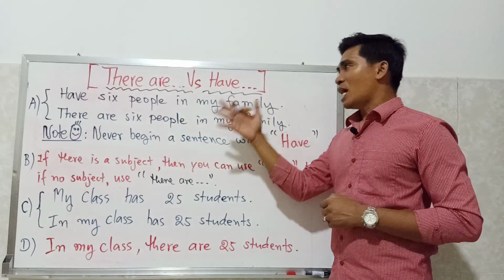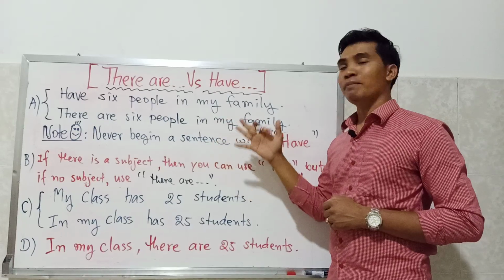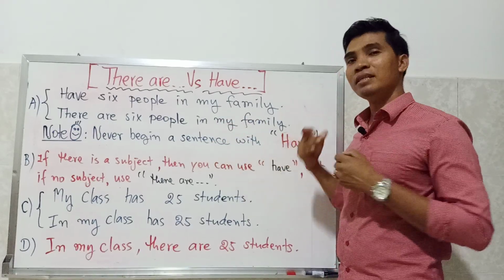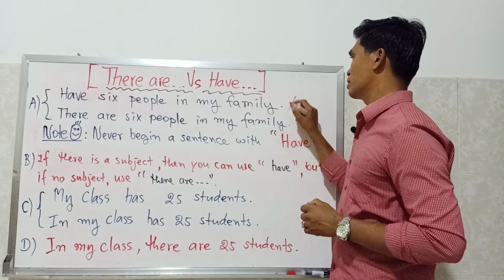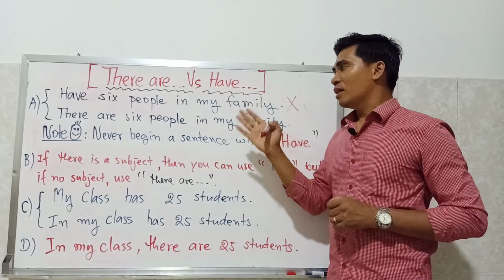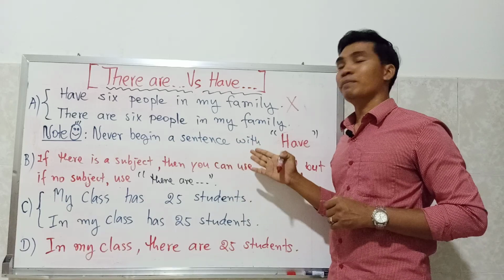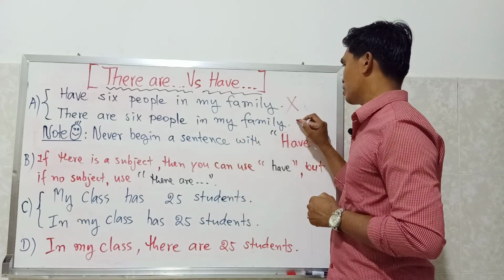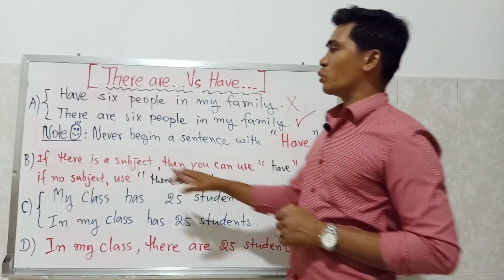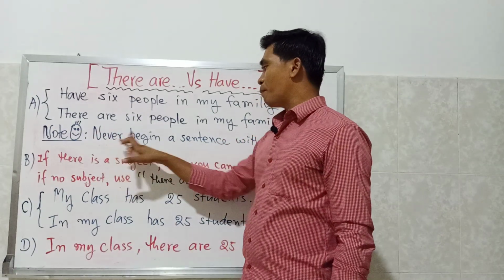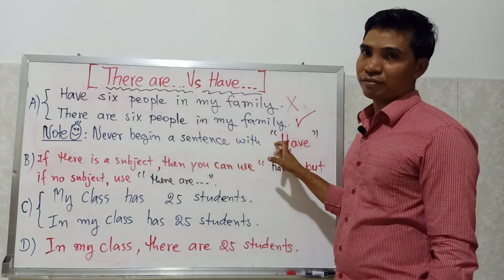"Have 6 people in my family." This sentence is wrong English, so you cross it out. "There are 6 people in my family." This sentence is correct. So note: never begin a sentence with "have."